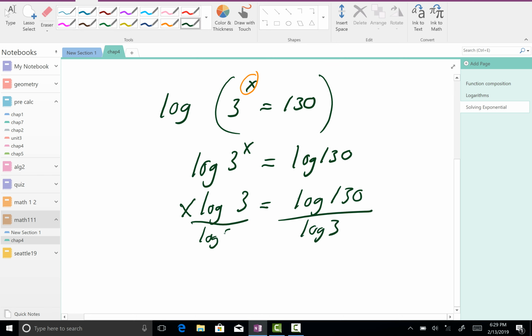I think I'm just going to quickly pull, oh, I can't. I keep forgetting that. I'll pull up a calculator here. So let's see how I can get this to work. Log of 130 divided by log of 3 equals 4.4.